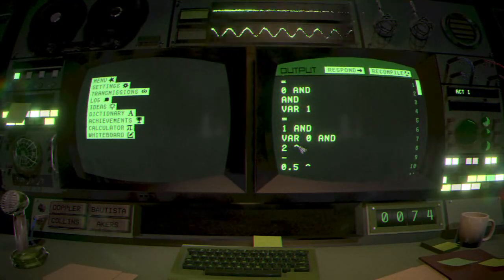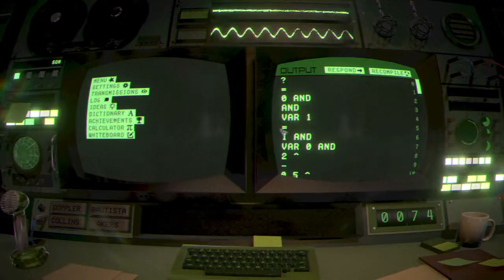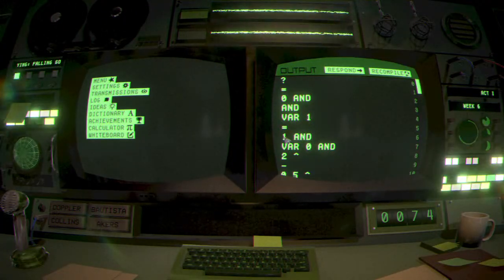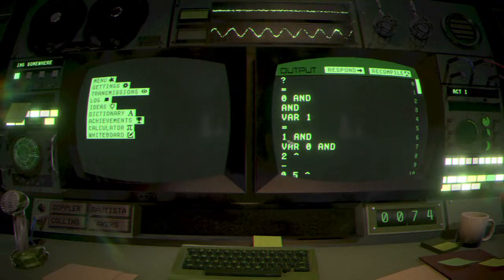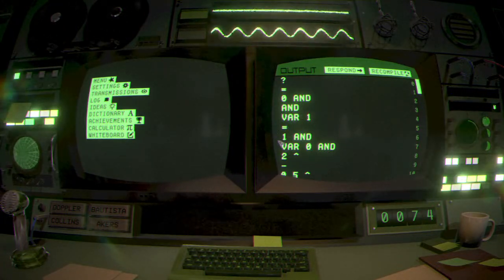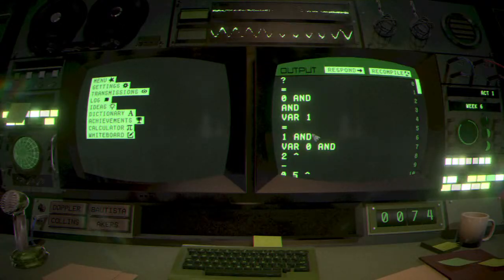What I was reading wrong is I see variable 1 equals 1 and I was thinking that there was more to it, but it's really variable 1 equals 1. Stop. Like, move on.